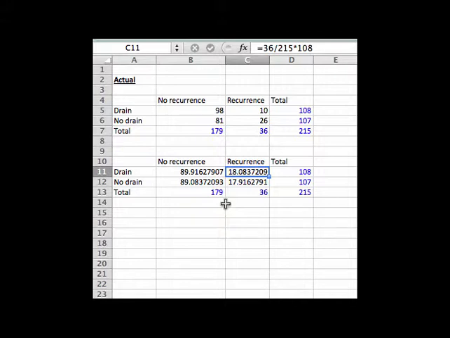and now we can do our chi-square test to see what's the p-value, the probability that our findings are based on chance.